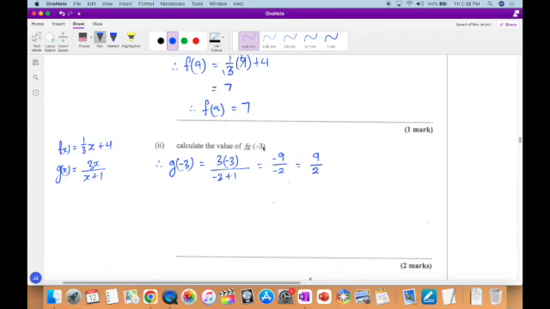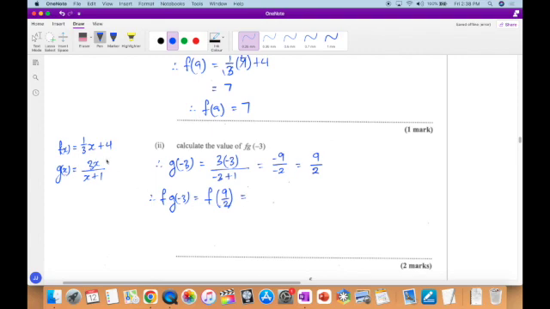I mean, it's 4.5, but we'll leave it as 9 on 2 for now. And therefore, the f of the g of negative 3 is really the f of 9 on 2.